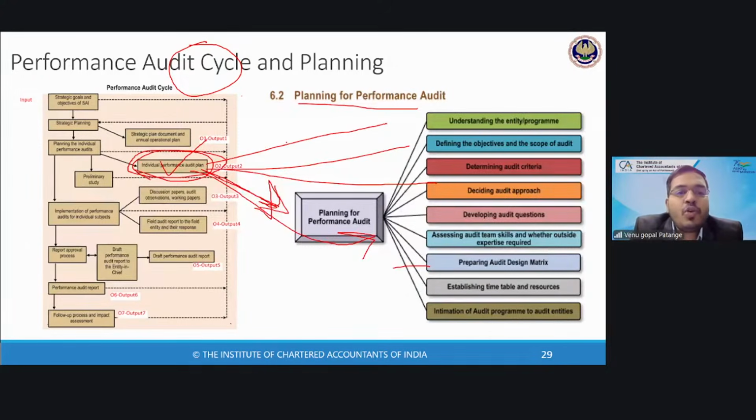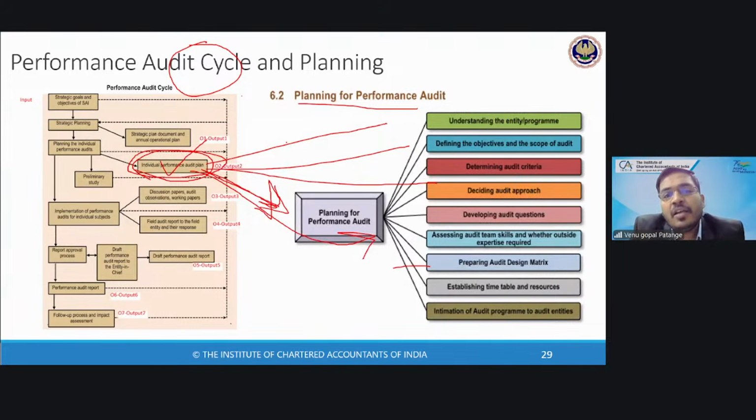You need to fill the objective, so you need to know the objective. You need to fill questions, so you need to draft questions. You need to fix criteria, so you should know what criteria is. So these 3 points: once you know the audit design matrix in performance audit, you easily get another 3 points.